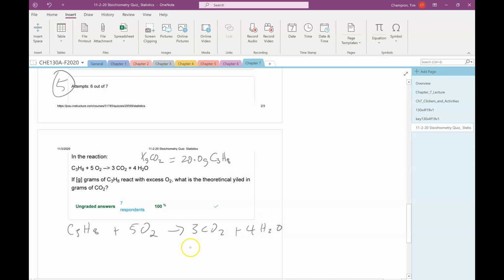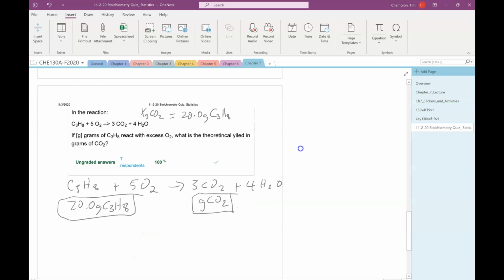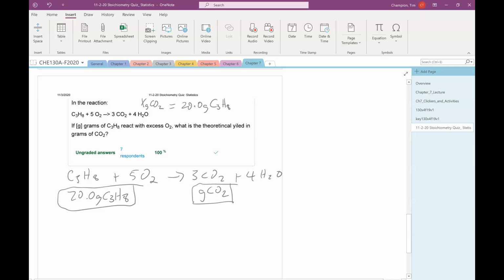All right, so we're trying to get grams of CO2, which I'm going to write right there. We know we have, in this case, 20 grams of C3H8, and again, I just picked that number. We can't go directly from one to the other.